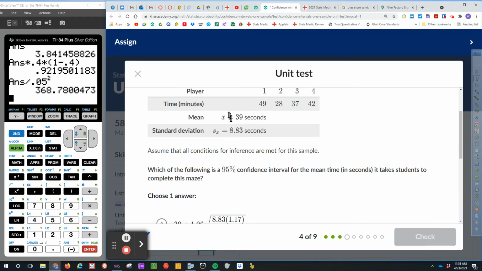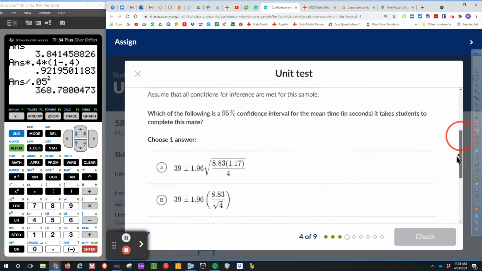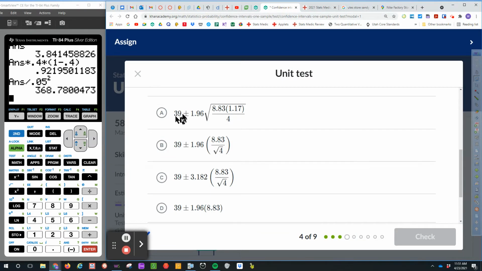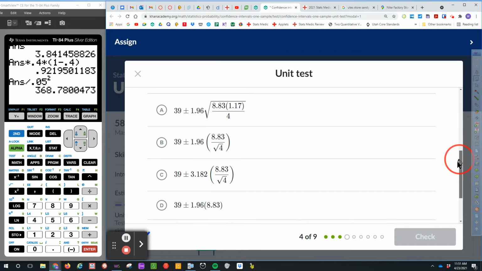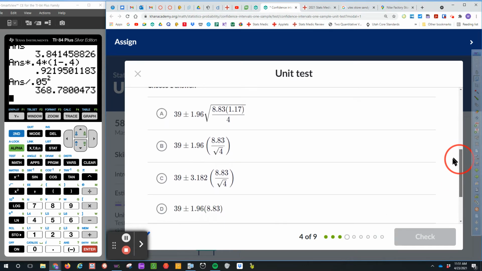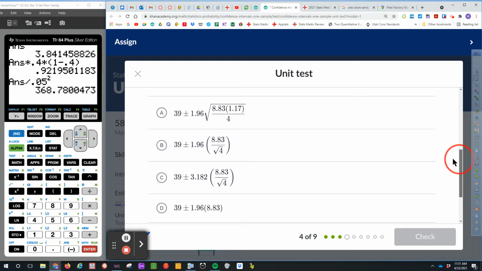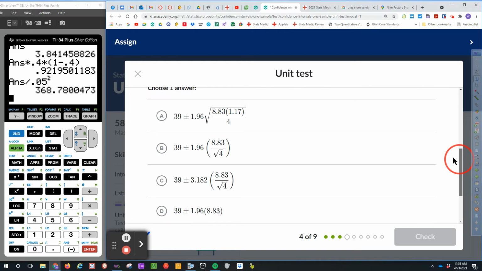My sample mean is 39. So I know that my first number, my point estimate, has to be 39. Okay, they're all 39. So A, B, or D, right? So I need to now look at the formula.